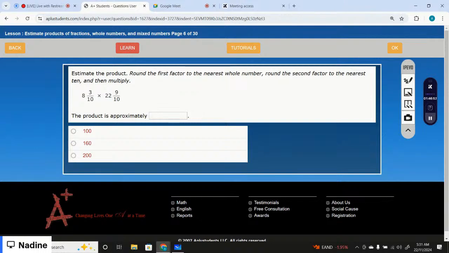8 whole 3 by 10 times 22 whole 9 by 10, which is the correct option? 8 whole 3 by 10 is rounded off to 8.